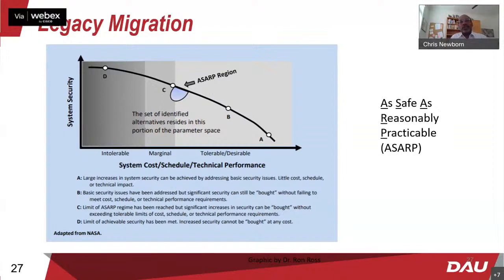And as a cybersecurity professional, I always look at cost, schedule, performance, as well as risk, but also I look at it from a people, technology, and process and procedure standpoint. And I say, what can I do to increase and include more capability to the point where I meet what we call as safe as reasonably practical.